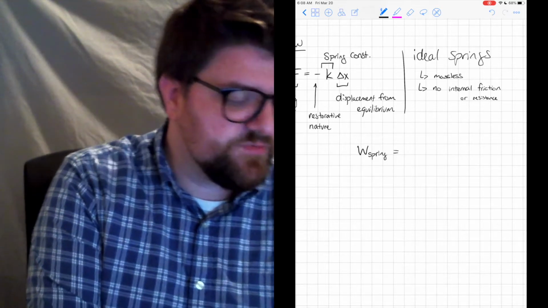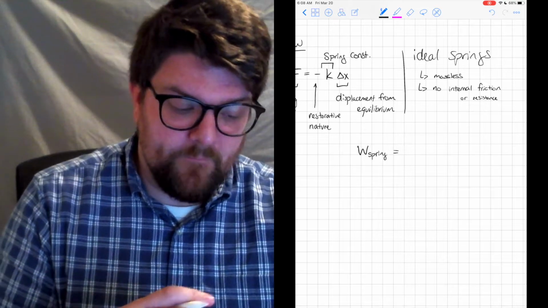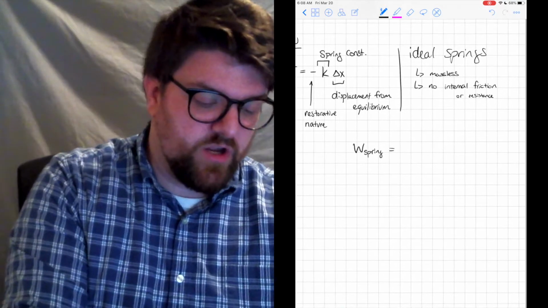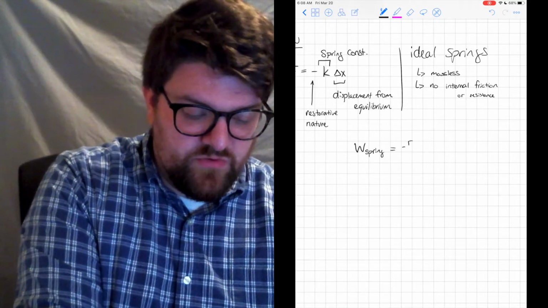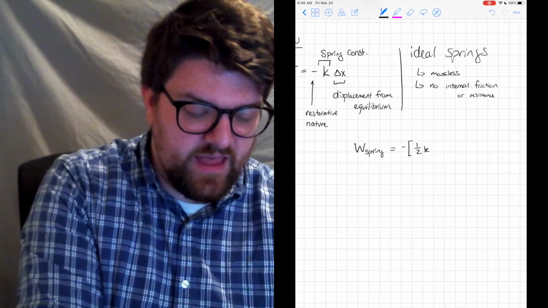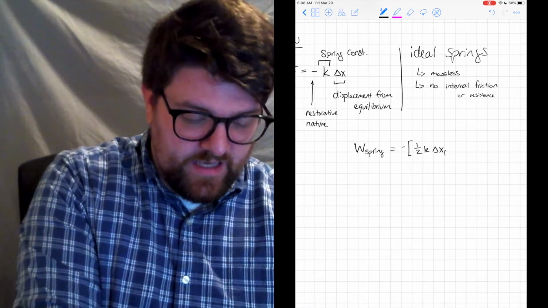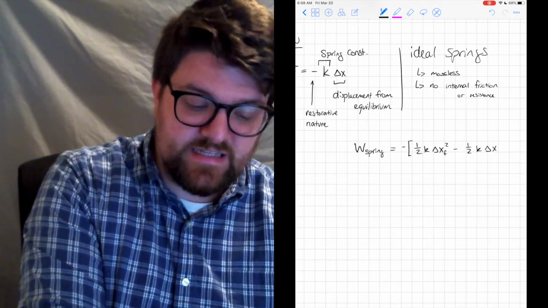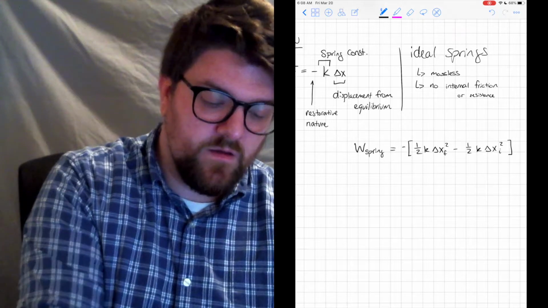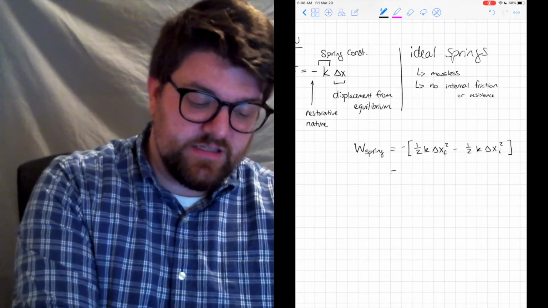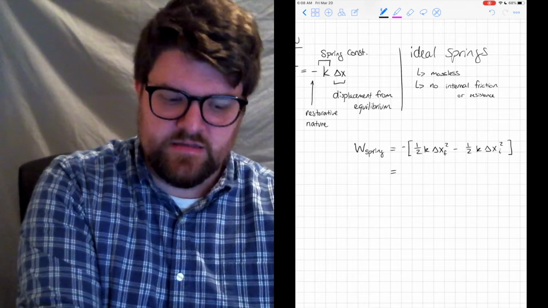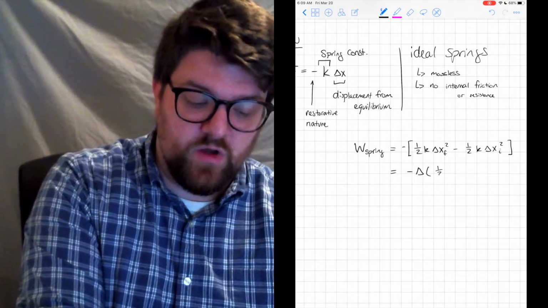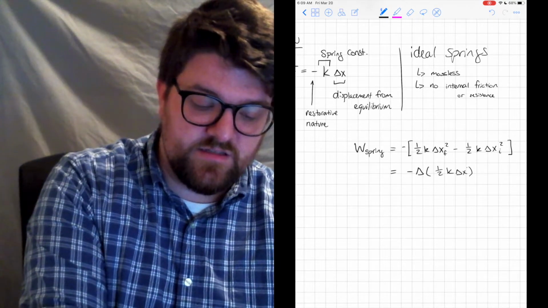So the work done by a spring, if you integrate the spring force over the distance that you're working with, we actually get negative 1/2 k delta x_f squared minus 1/2 k delta x_i squared. Another way of writing that is negative delta of 1/2 k delta x squared.